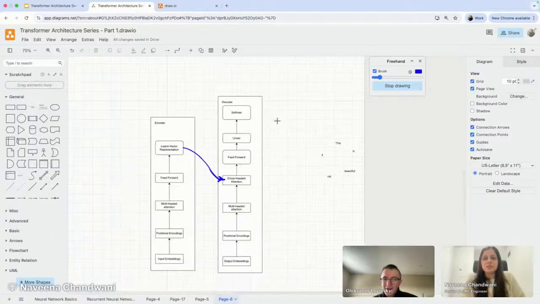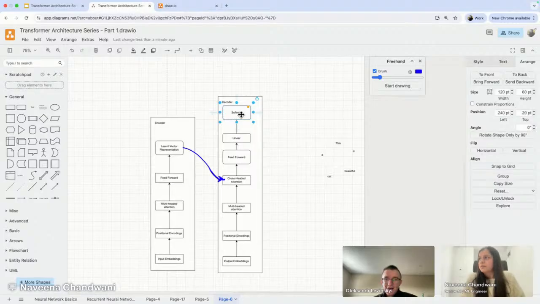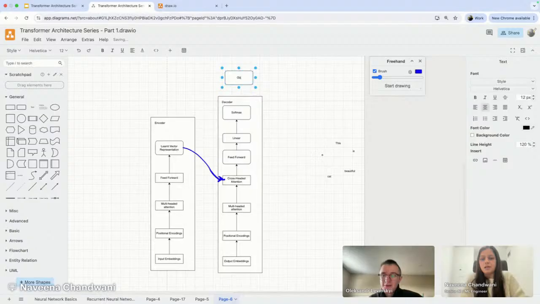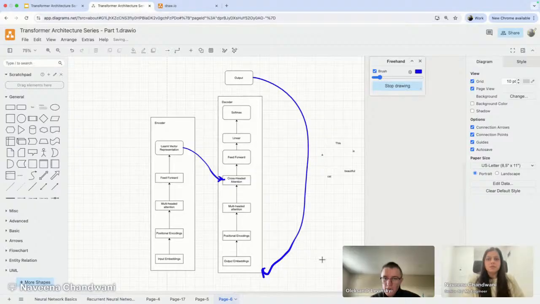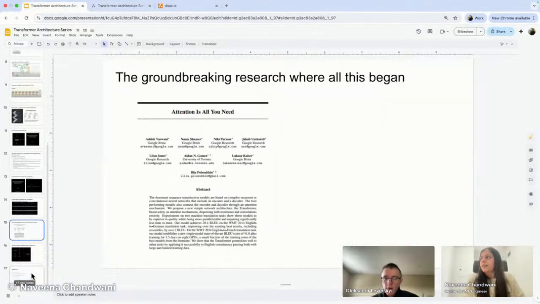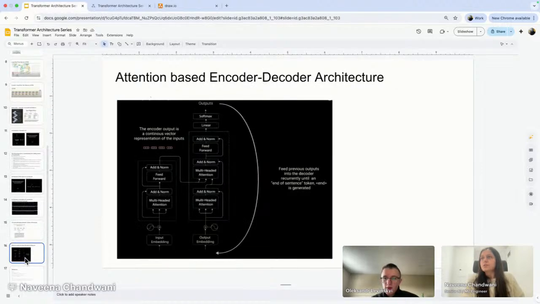But we will just finish this up a bit. So this is your output from each iteration, and this should just feed in. And with this we are done with our transformer architecture, and this is how it looks.